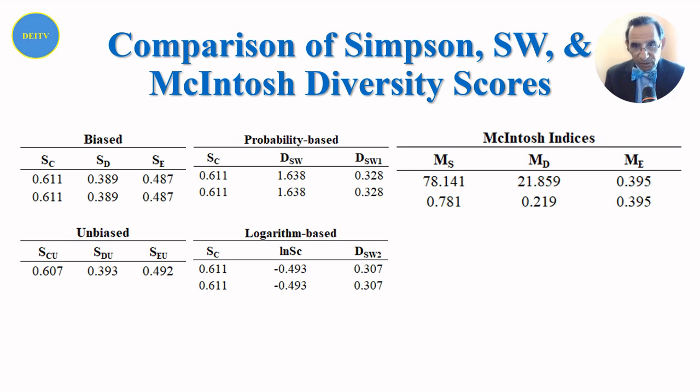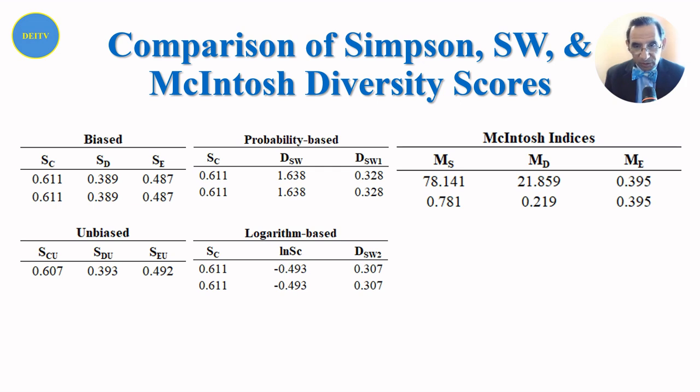Again, for the McIntosh index, if you're using frequencies, the McIntosh similarity index is 78.141. If you're using probability, percentages, then that's going to be 0.781. The diversity score is going to be 0.289 if you're using the percentages.